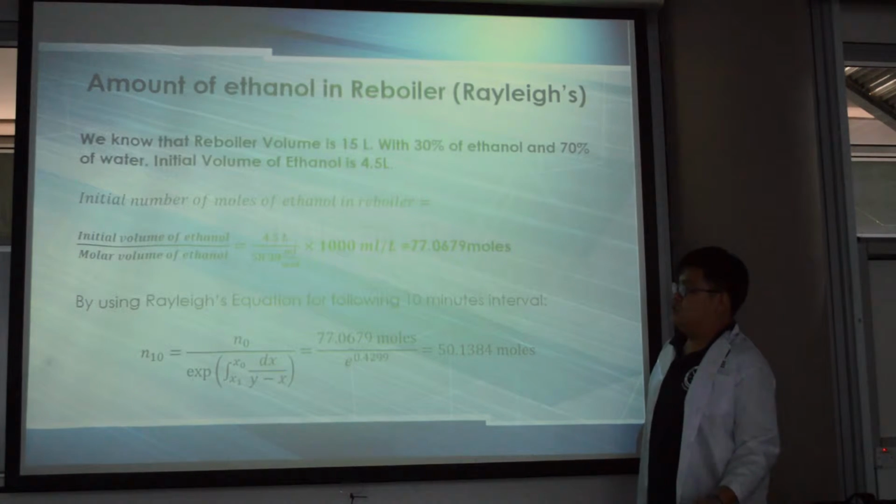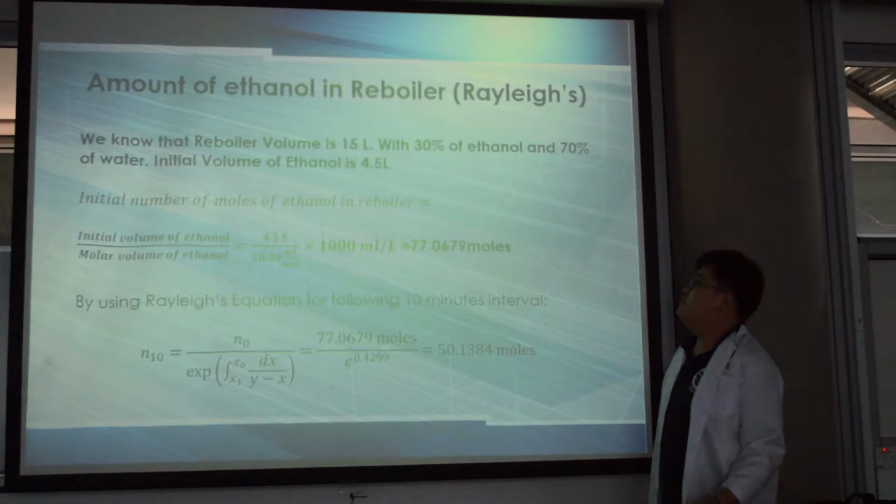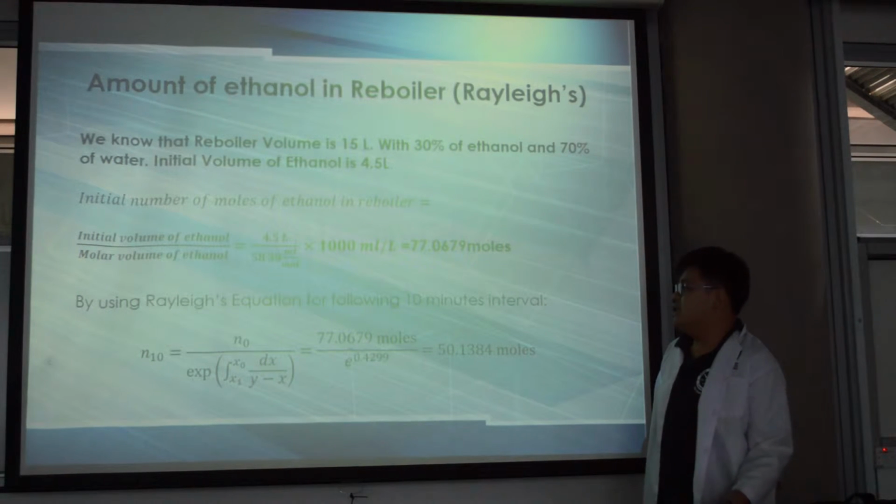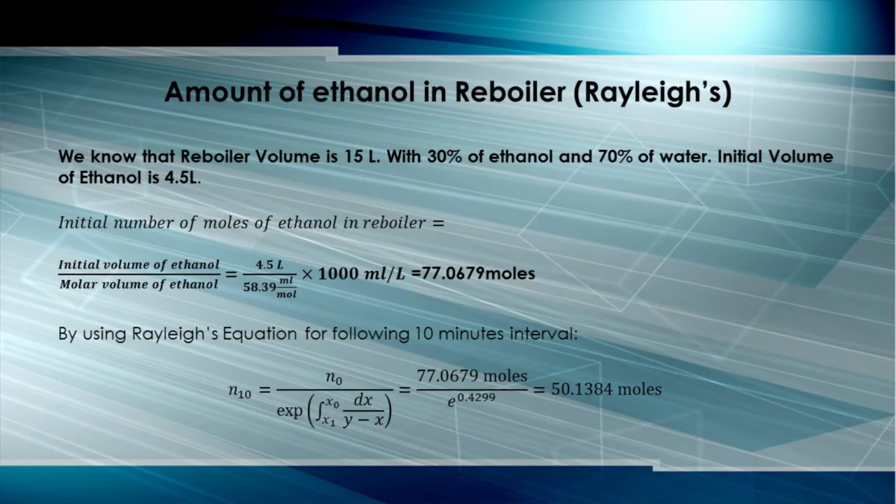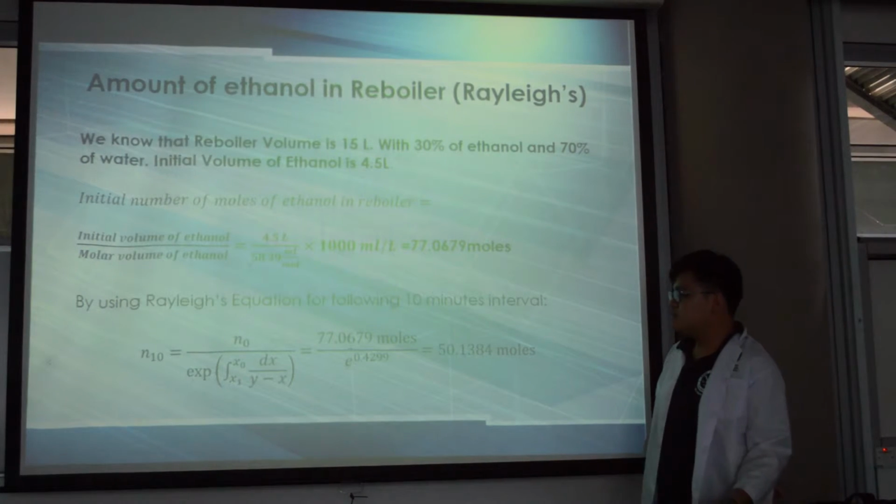Now I will show how to calculate the amount of ethanol in the reboiler by using the Rayleigh equation. Before this, you need to understand the number of moles of ethanol at the initial time, which we calculate by using 4.5 liters over the molar volume, which is 58.39 milliliters per mole, times the conversion factor of 1000 milliliters per liter, and we get 77.0679 moles.